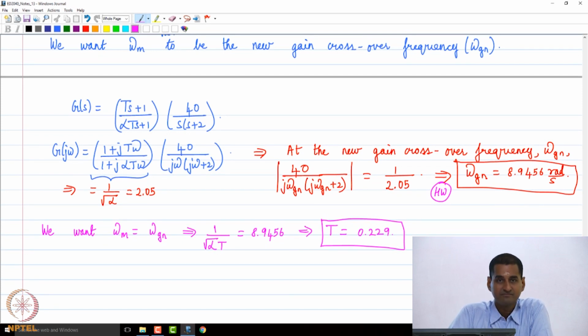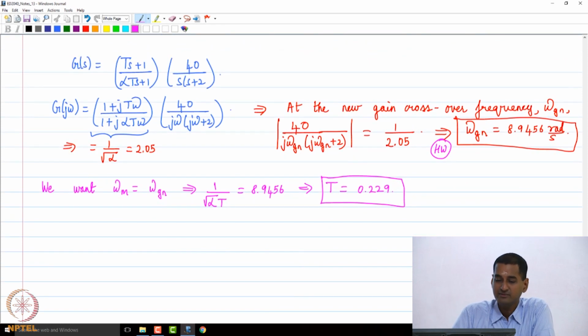Okay? Because alpha you already know, right? Alpha value has already been calculated, right? Was 0.238. So you plug it in, and then you will get the value of capital T to be 0.229. So that's it, we are done, right?